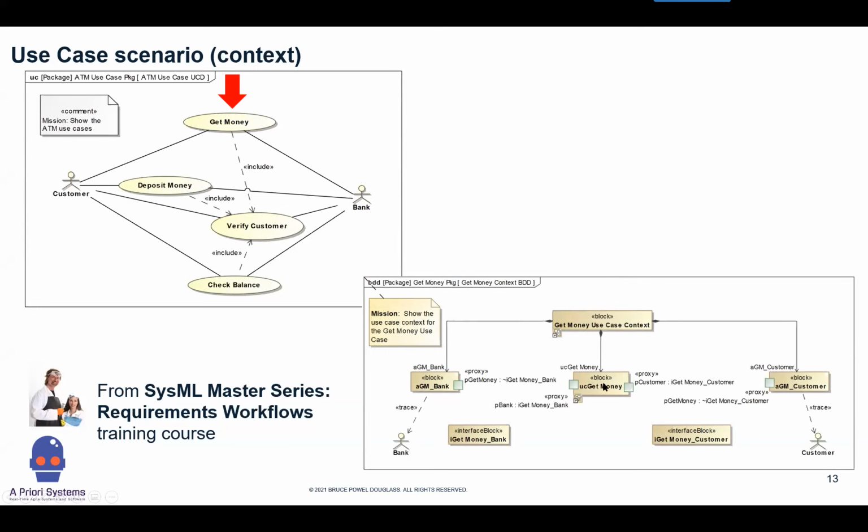I've got blocks that represent all the actors, and there are technical reasons why I do that. We'll talk about that in the next Lunch and Learn. I've got interface blocks that describe the message flows between these port pairs for the interactions. This provides what I call structural context for the use case analysis.